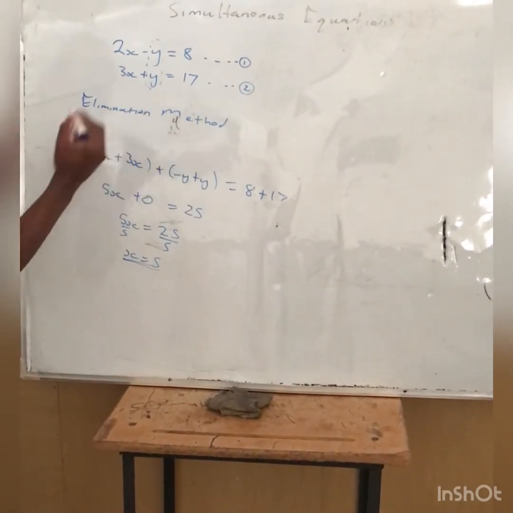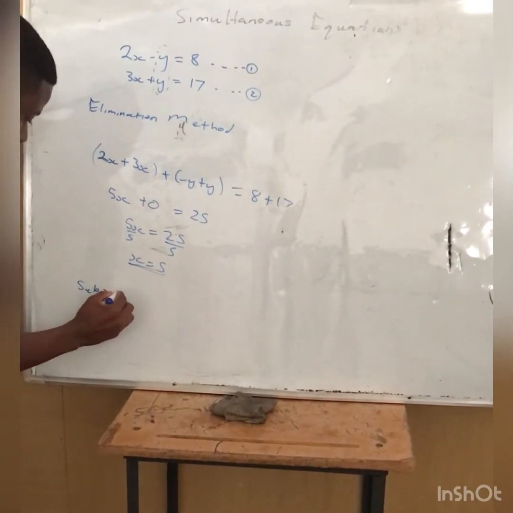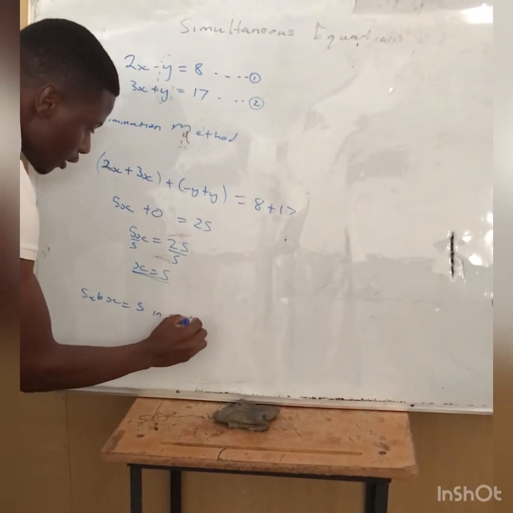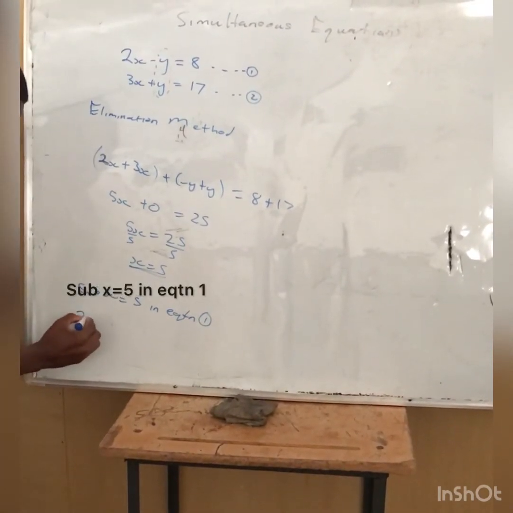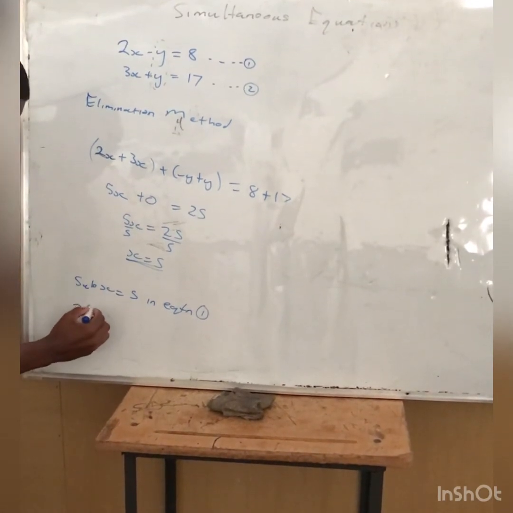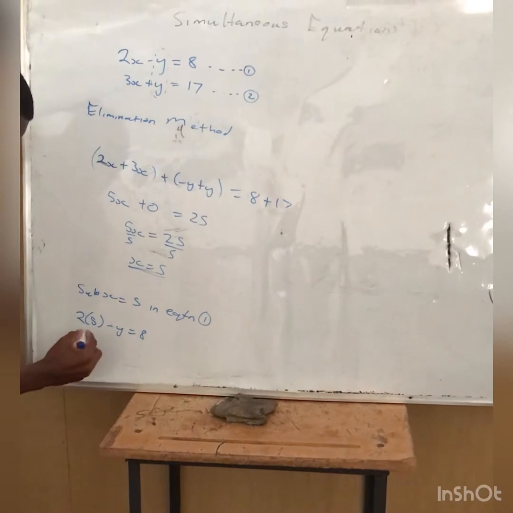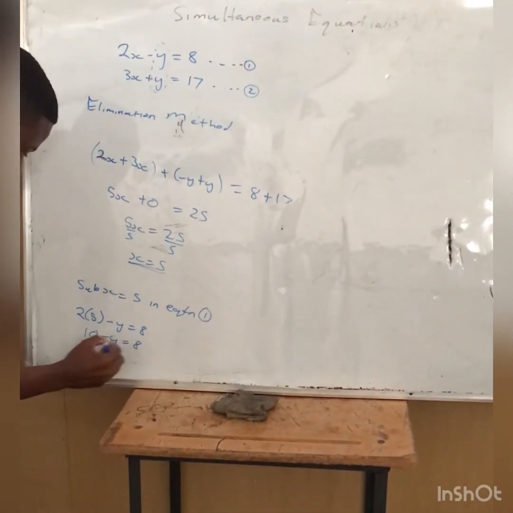So I choose the first equation, so I substitute x is equal to 5 in equation 1. So what is my answer? 2, where there is x, I put 5, minus y is equal to 8. Therefore 10 minus y is equal to 8.